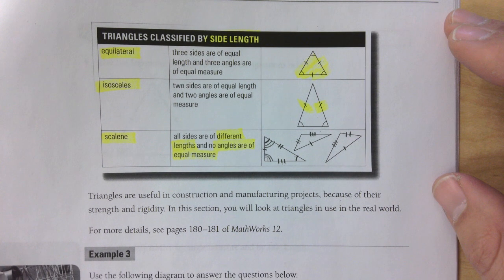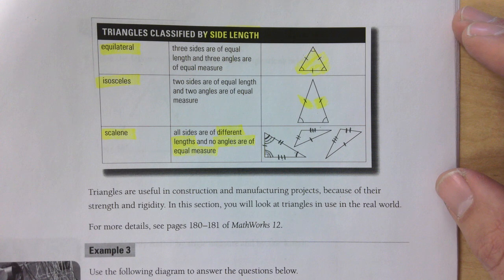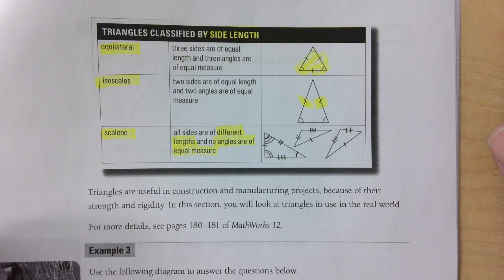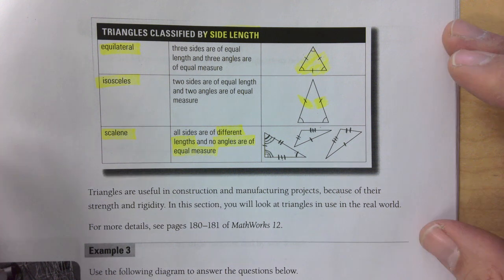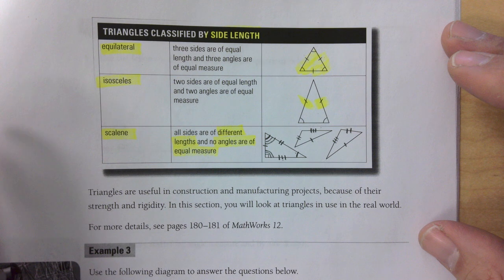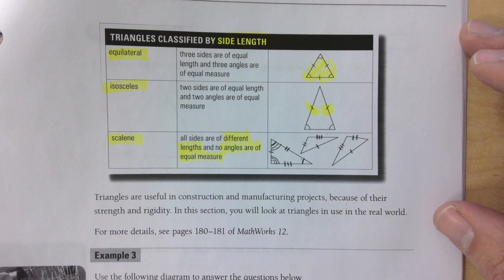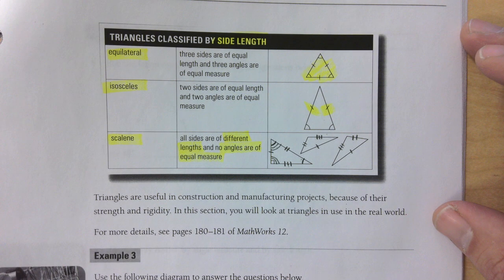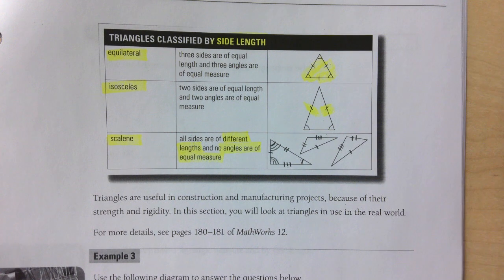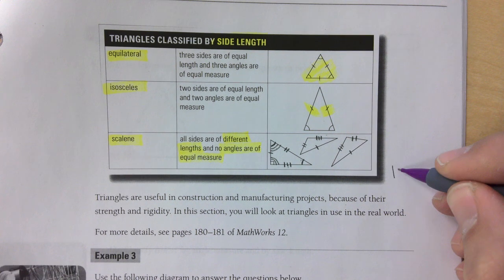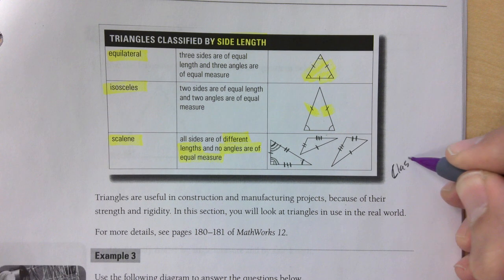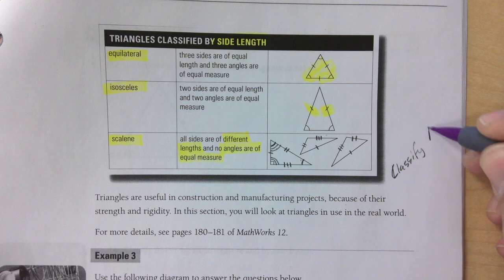Okay, so we're going to practice going back a little bit. We're on 180. We're going to go back to 178 and practice labeling them there. Classify triangles on page 178.